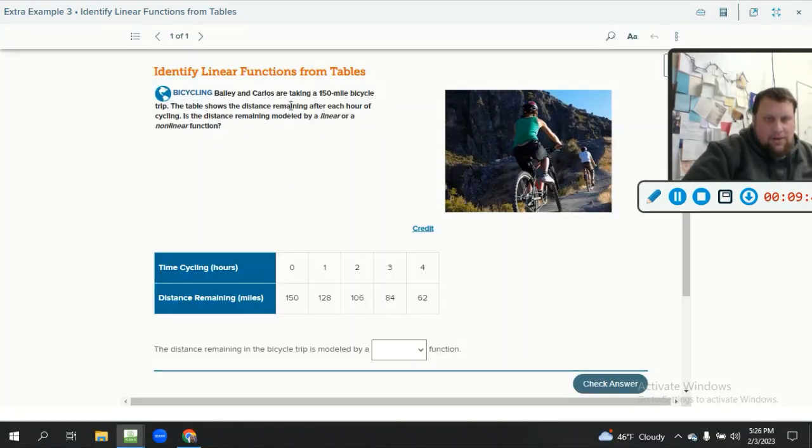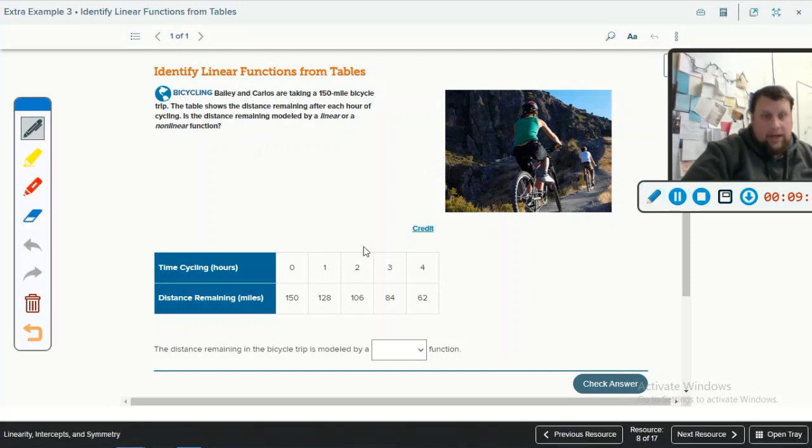Bailey and Carlos are taking a 150-mile bicycle trip. The table shows the distance remaining after each hour of cycling. Is the distance remaining modeled by a linear or nonlinear function? Well, let's find out. Every time it goes up an hour, this goes down. 150 to 128 is 22, right? If I were to subtract 22 from 128, hopefully it gets me here.